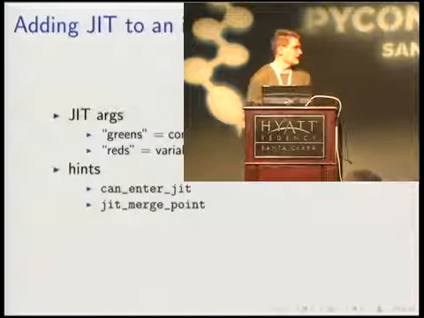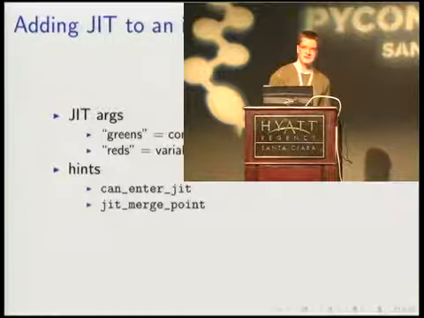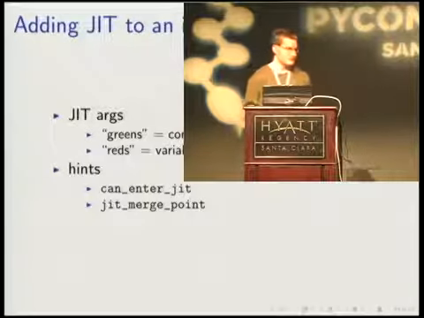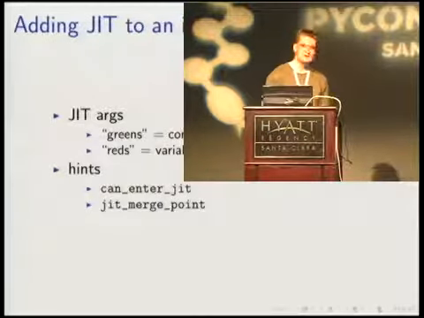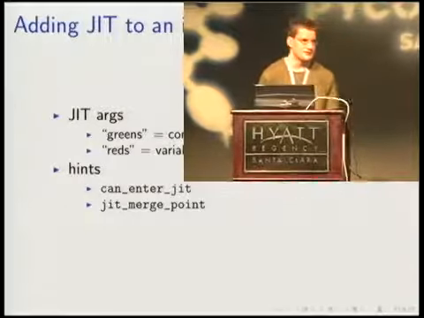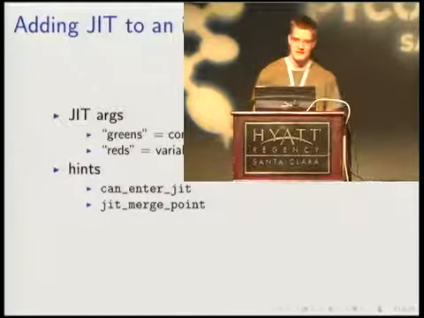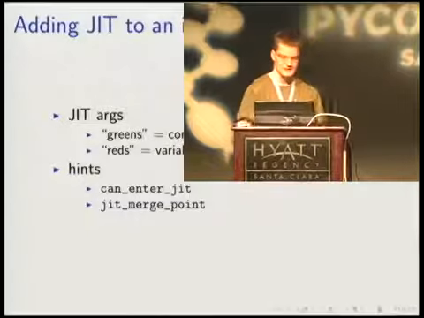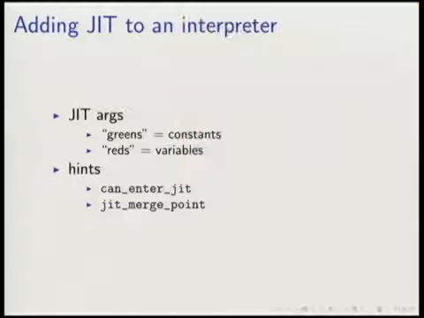To add a JIT to your interpreter in RPython is actually very simple. You just need to modify your interpreter source to add two special hints which the RPython translator will later recognize. I'll show you later how this works in the Python interpreter.